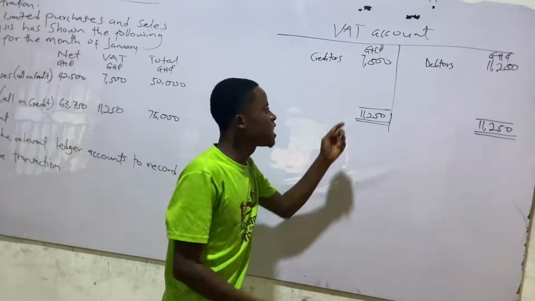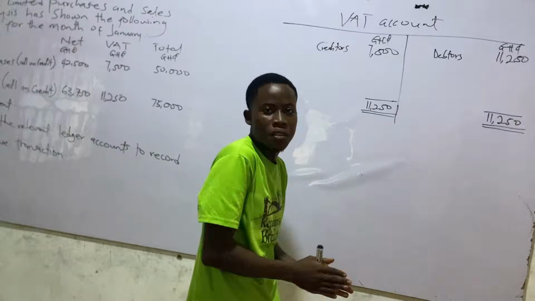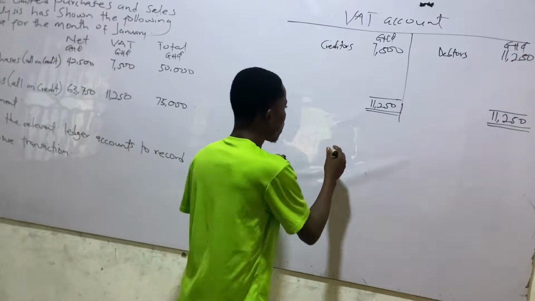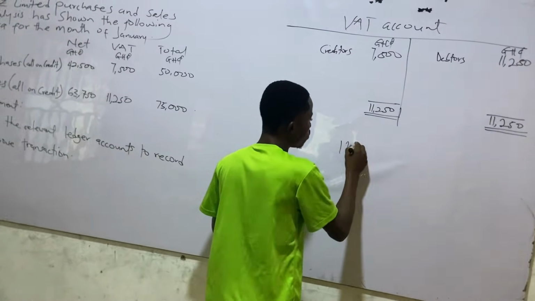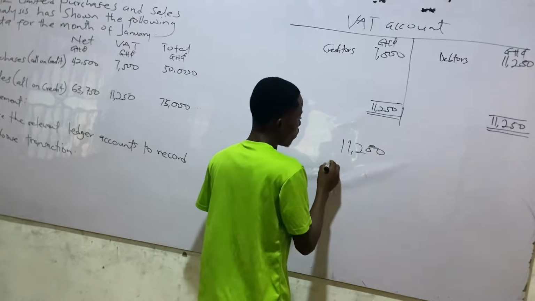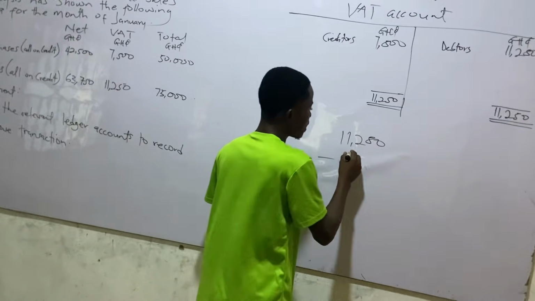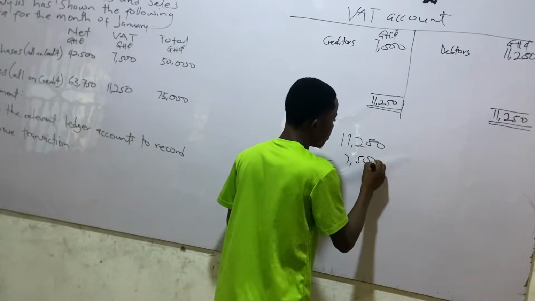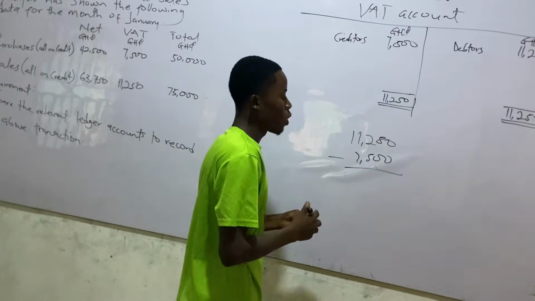Now let's find the difference between 11,250 and 7,500. What's the difference? We have 11,250, and the difference will now be 7,500. When we find the difference, what is it going to give us?